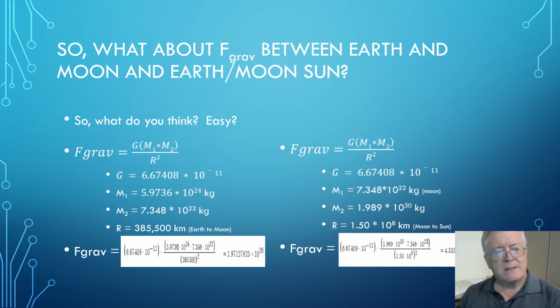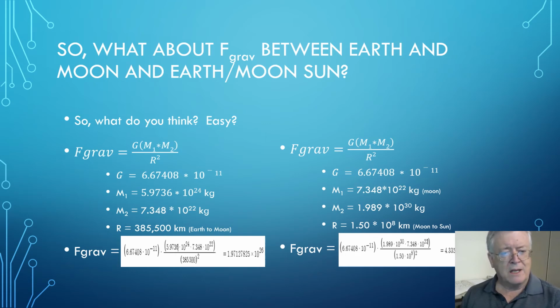The mass of the Moon, 7.348 times 10 to the 22nd kilograms. I had a hard time finding that one, but that's the mass. R, the distance between the Earth and the Moon. This was also a difficult one to find.